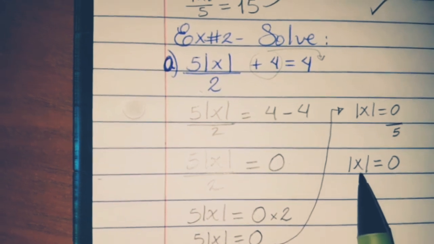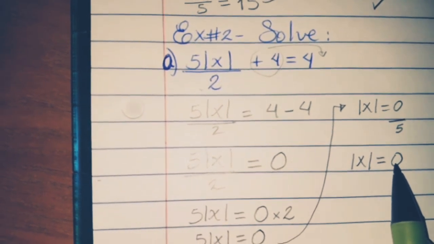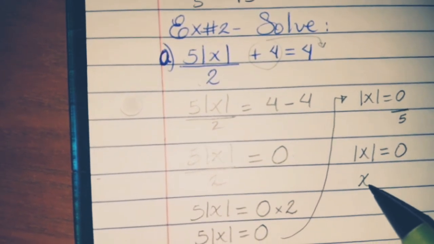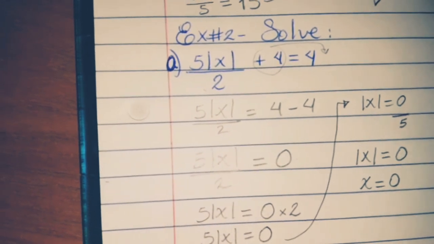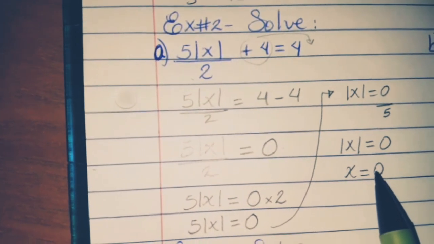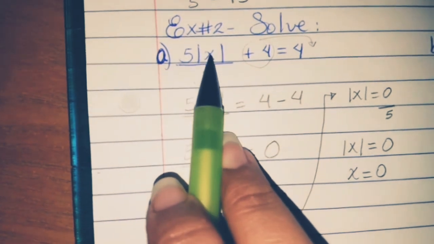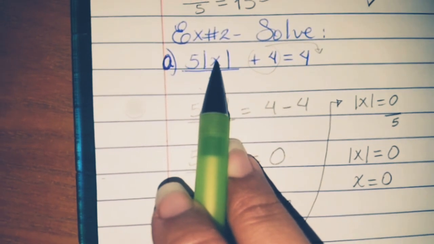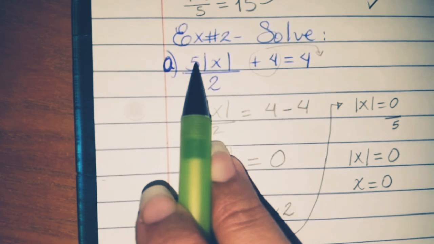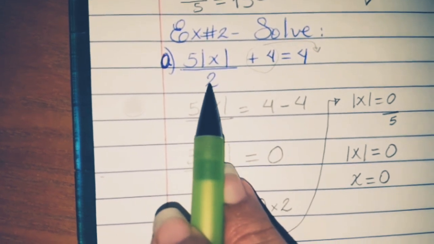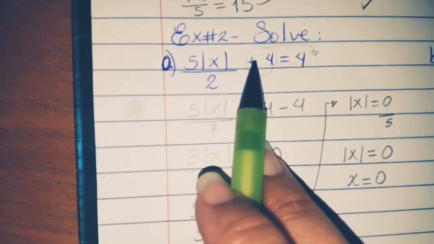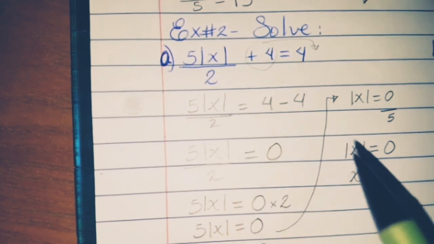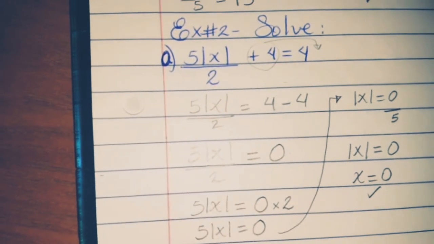So the only number that has a distance of 0 from 0 is 0 itself. Let's do a mental check to see if that's true. Absolute value of 0, 0 times 5, 0. 0 divided by 2, 0. 0 plus 4 equals 4. So that answer is correct.